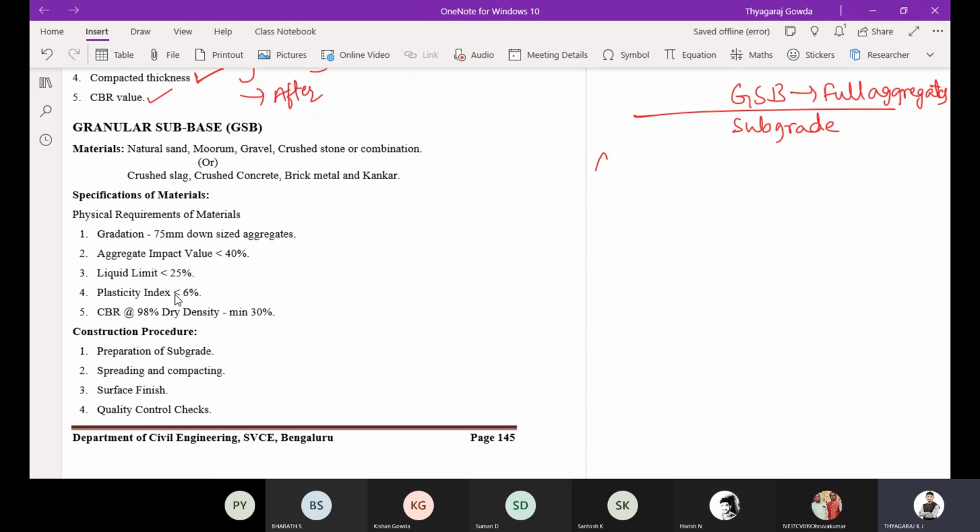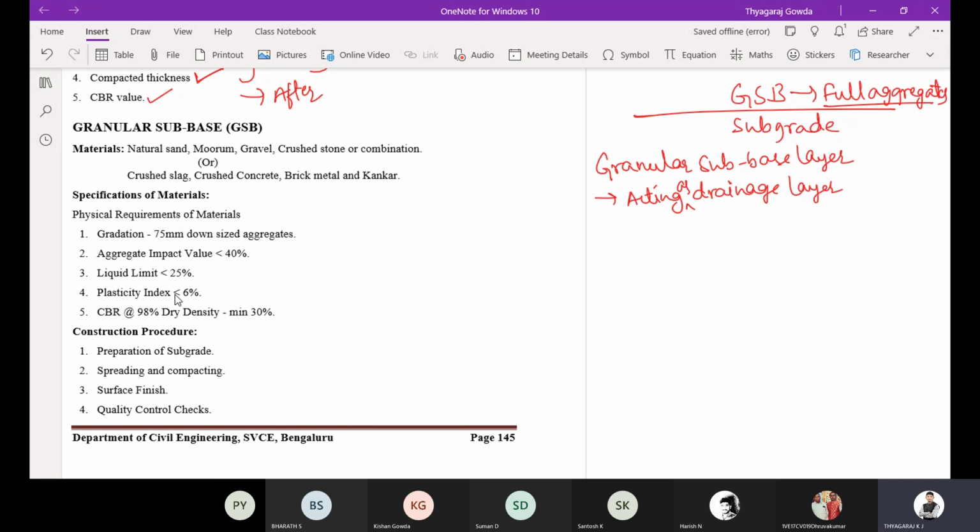GSB means granular subbase layer. The main function of this GSB is acting as a drainage layer. And why? Because it is full of aggregates only.